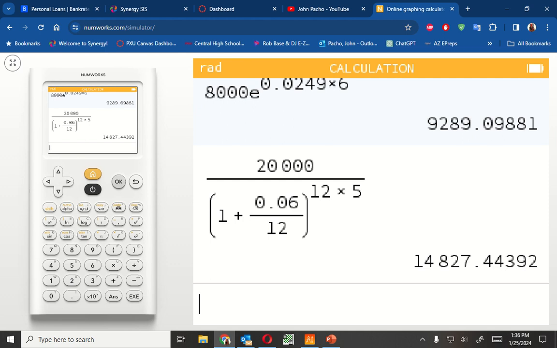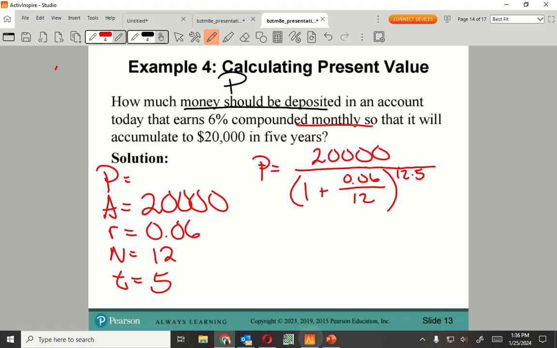It's increasing your money. 14,827. What's my cents on this one? .44? Okay. There we go. Does that make sense? Is that pretty easy there? I hope so.